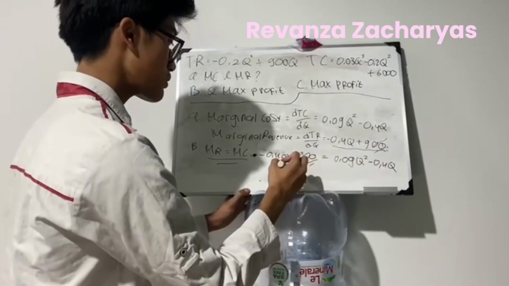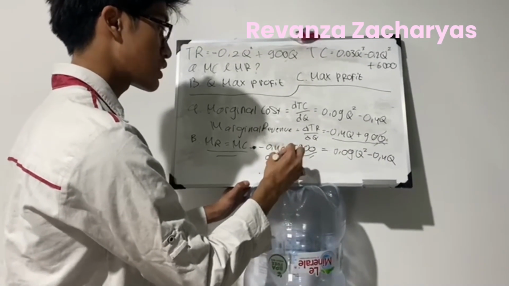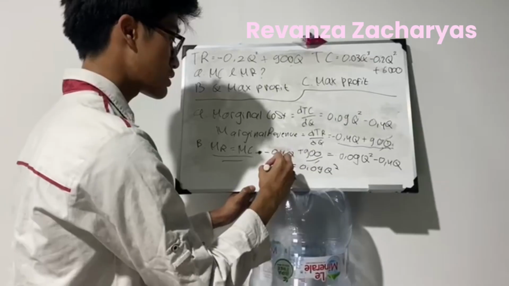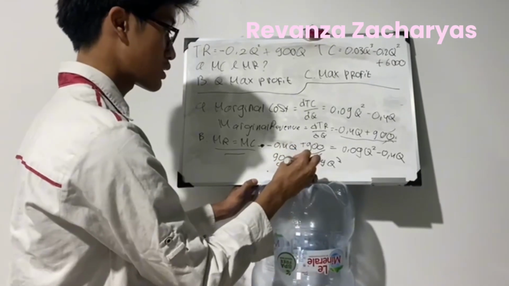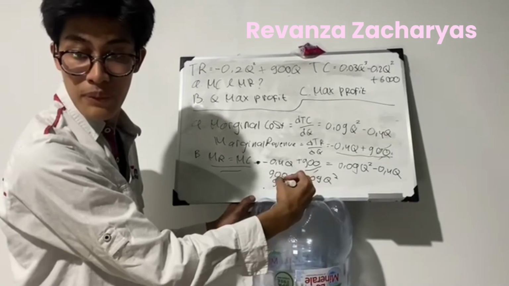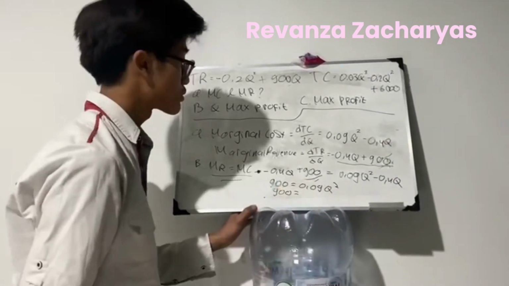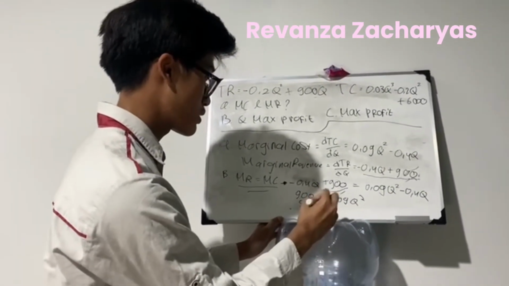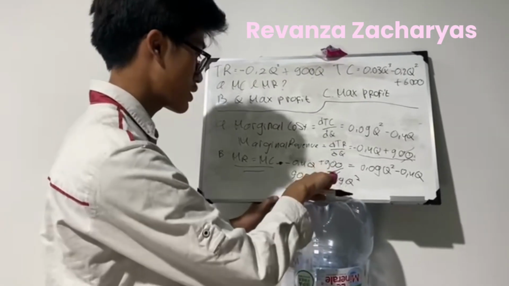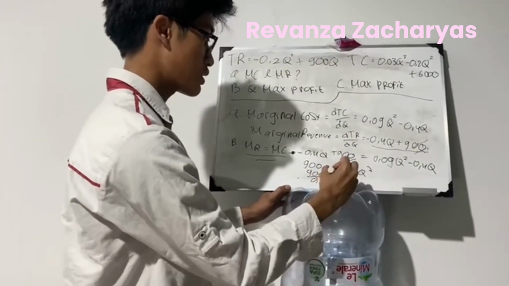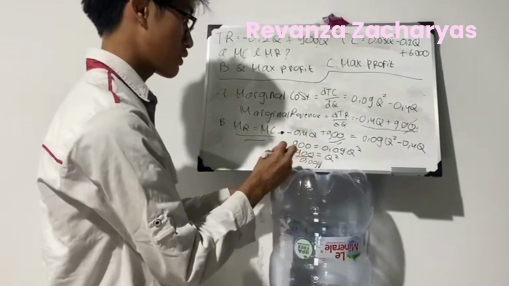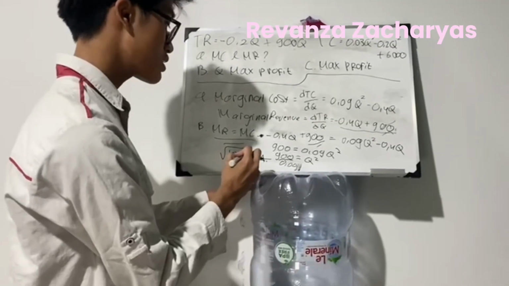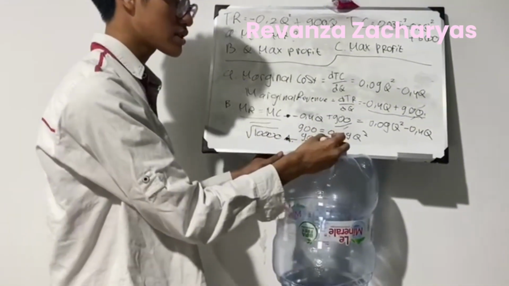So we end up with this kind of formula here, and from here we get the answer is 10,000 because the Q is squared.